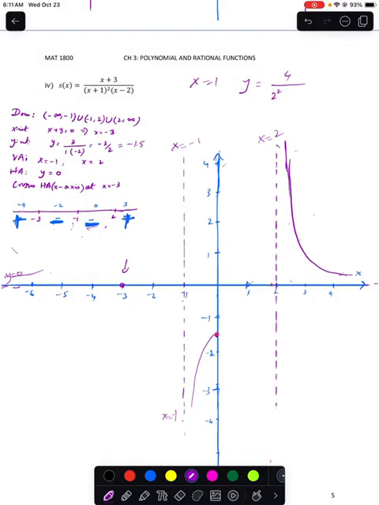So I'm getting 2 square times -1, which is 4 over negative 4, which is negative 1. So a nice value here. So it means it has to go up there, and maybe we can assume that is the highest value. So the graph should come like this, and then turn something like that.